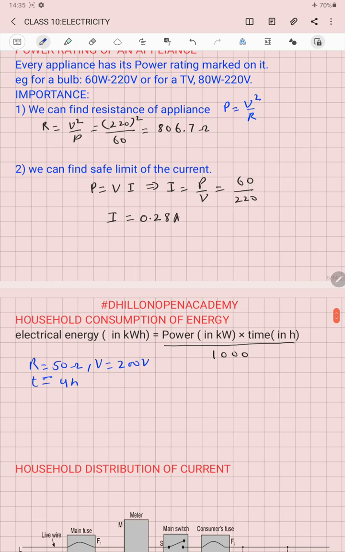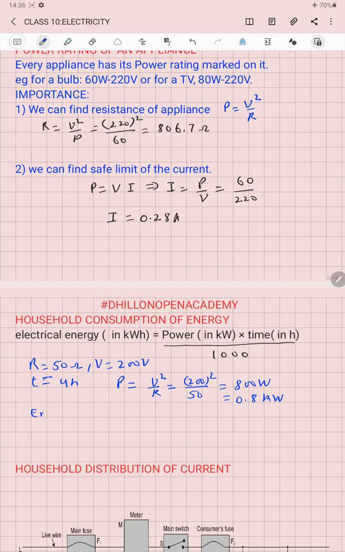So in this case, the power of the heater will be V square over R, 200 square divided by 50, which is 800 watt, which is equivalent to 0.8 kilowatt.